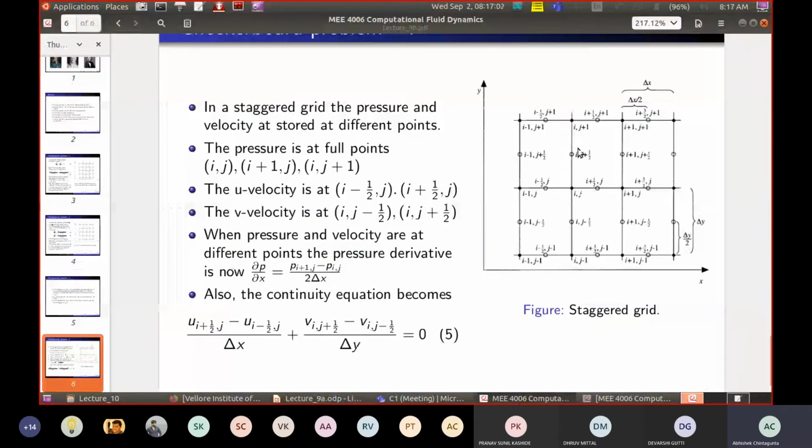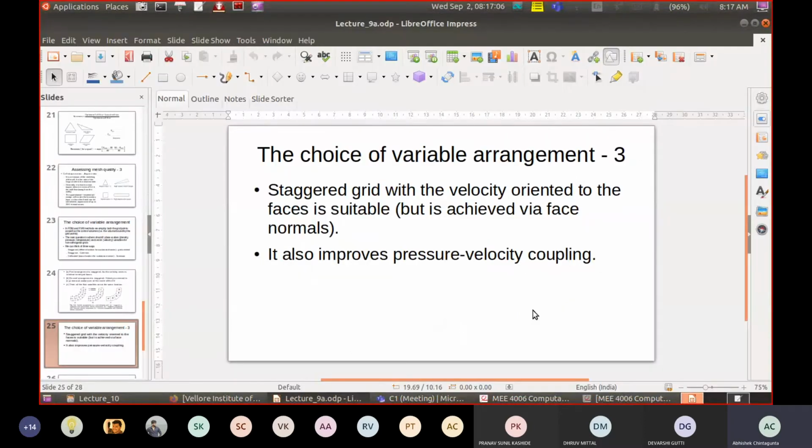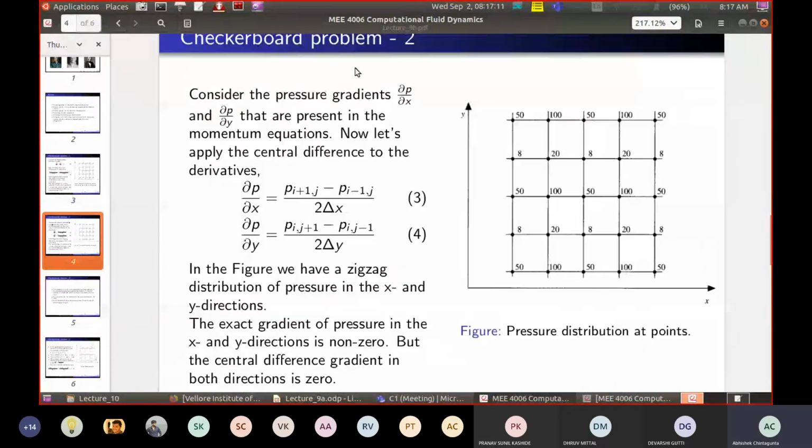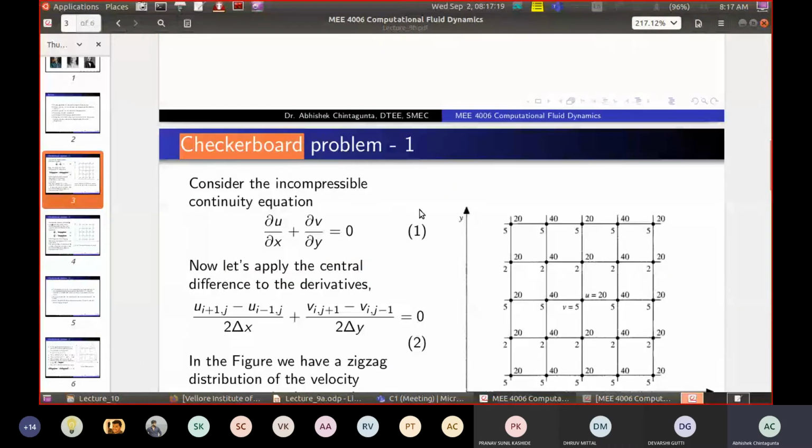This problem is called a checkerboard problem. This comes from central differences. Whether you go for second order, fourth order, sixth order or eighth order central difference, when you have a symmetric stencil, you are going to end up with this checkerboard problem.